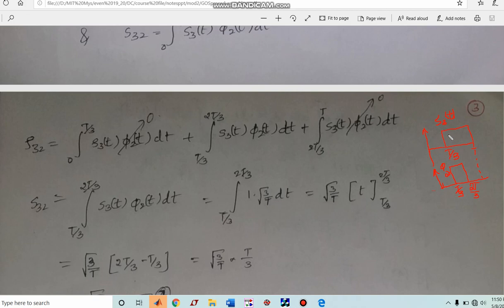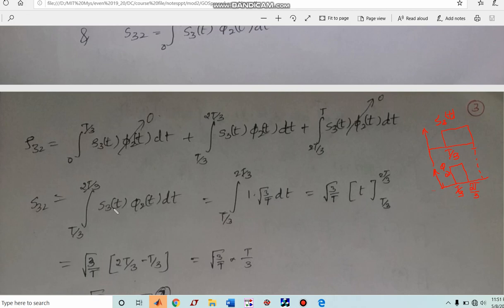You can see over here, s3 of t is from t by 3 to t, whereas phi 2 is from t by 3 to 2t by 3. So if you multiply these two signals, only from t by 3 to 2t by 3 is there a possibility of multiplication. The other two parts go to 0. That's why I can write the modified equation like this.